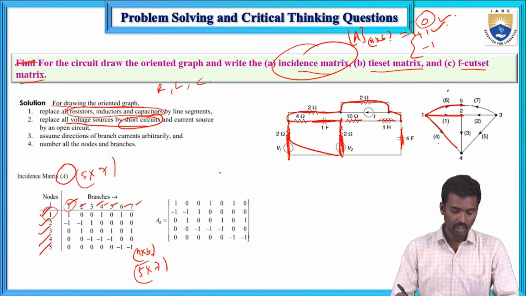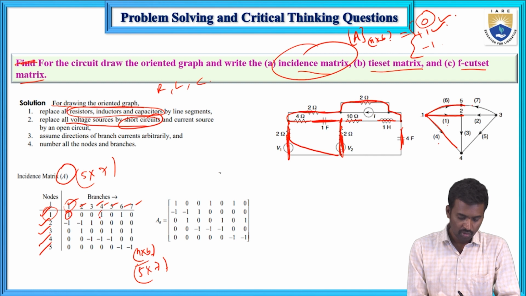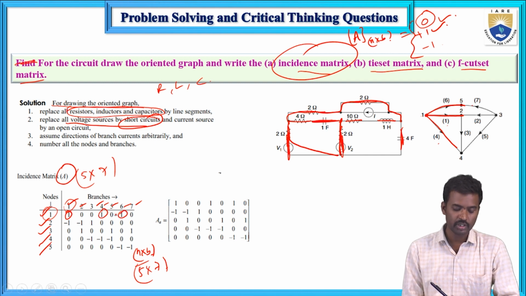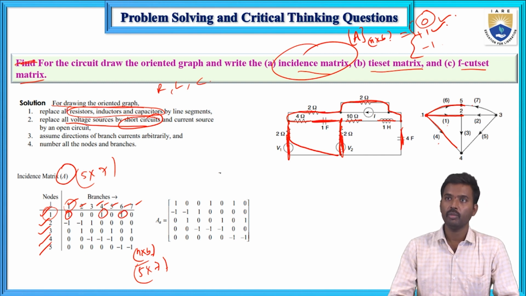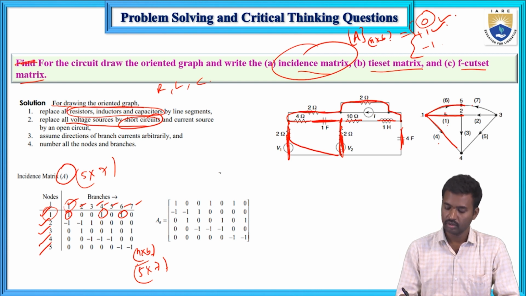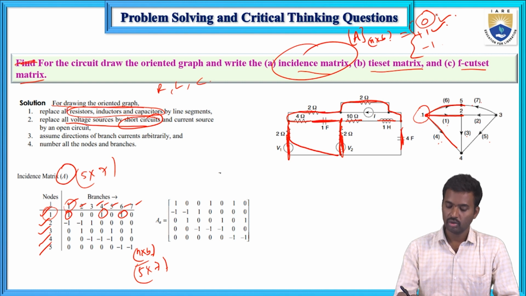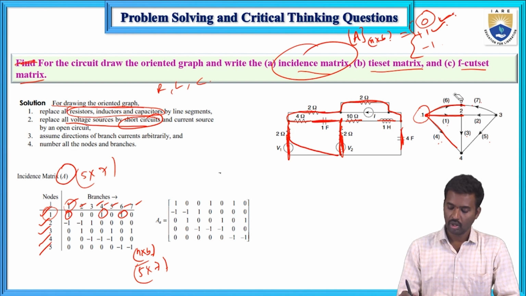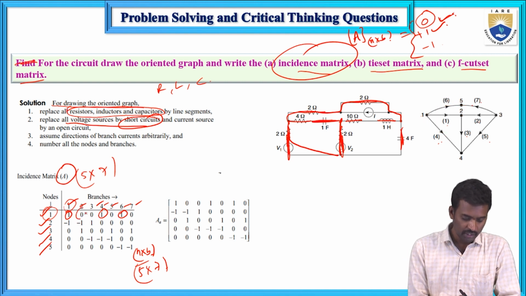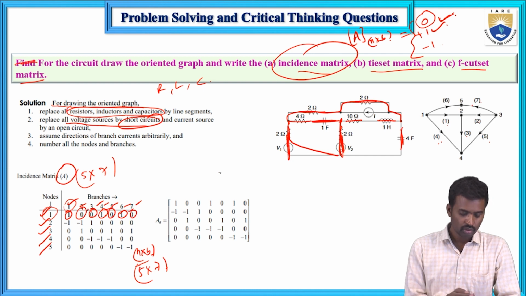The remaining branches, 3, 5, 2 and 7, are not associated with node 1, so those values are 0. So the remaining elements are 0. Now next case.